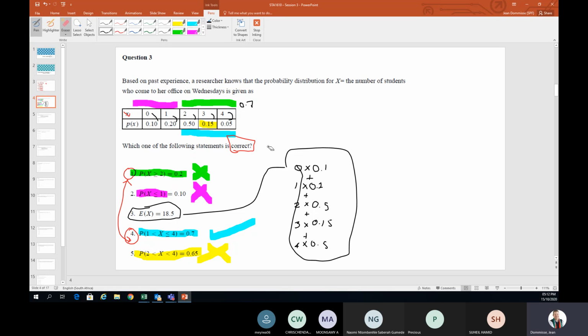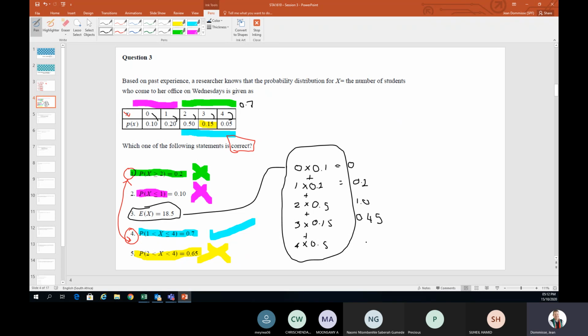So wait, let me just. It will not give you that answer. So that would have been 0, that would have been 0.2, that would have been 1.0, that would have been 0.45.